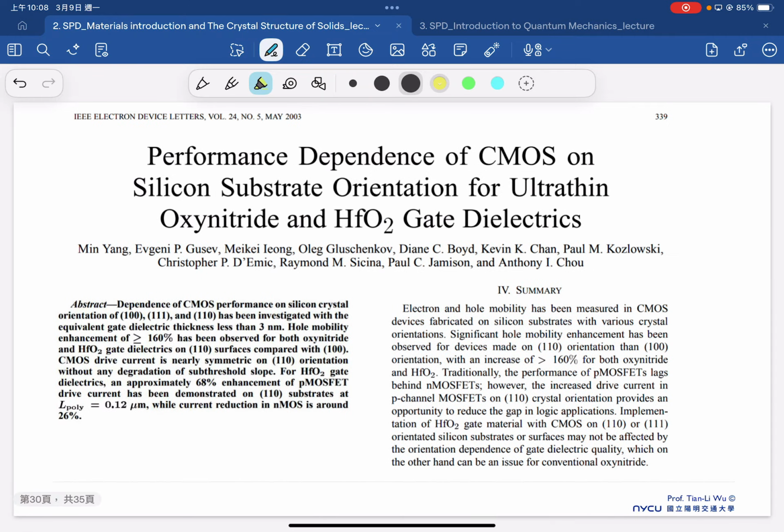Okay, so the last slide that I would like to show here before we conclude this chapter is that what we have learned from this chapter is mainly the basic material properties, and what I think is most important is the Miller index, how we can define a certain plane. I just want to show you that with your current understanding, probably you don't believe it, but if you look at this paper, you can sense that some of the terms are exactly what we are teaching in this chapter.